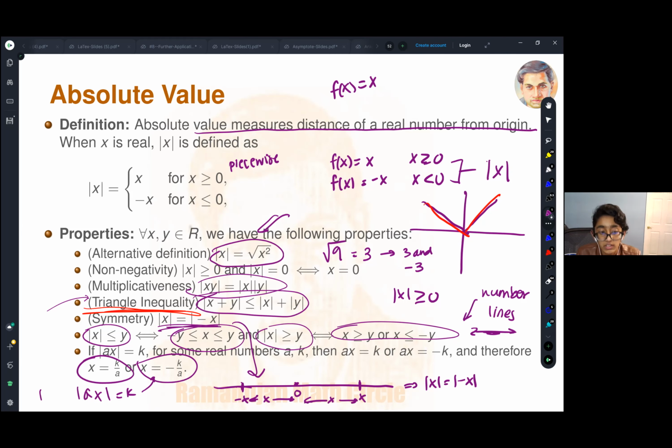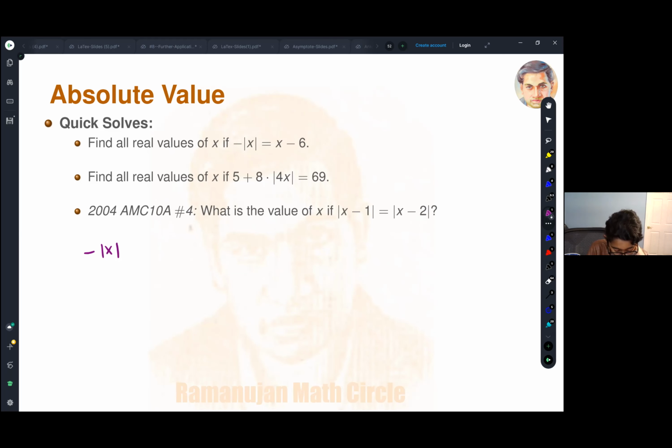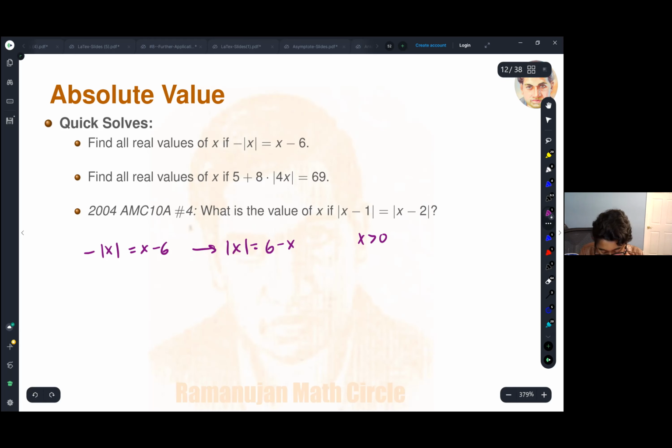So now let's do some quick solves on absolute value. So the first one says that negative absolute value of x is equal to x minus 6. So what we do is we write this as absolute value of x is equal to 6 minus x. And so now we break this into 2 parts. One where x is greater than 0, and one where x is less than or equal to 0.